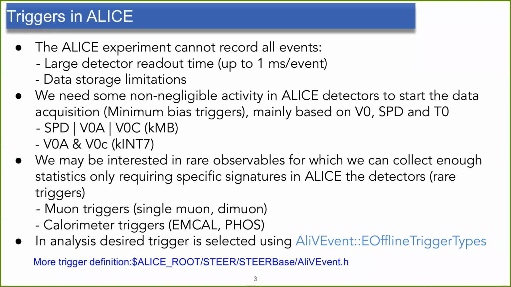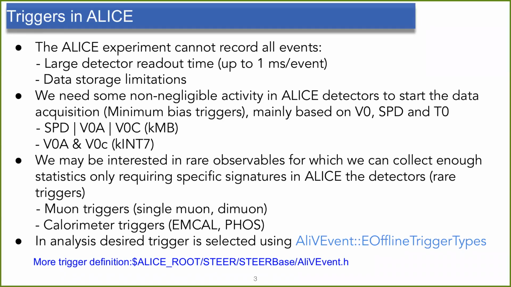In general, the widely used trigger in our analysis is the minimum bias trigger, which is mainly based on the information from the V0, SPD, and T0 detectors. There are also several other triggers for rare physics, like the muon trigger and calorimeter trigger. But in this lecture, I will mainly focus on the minimum bias trigger.